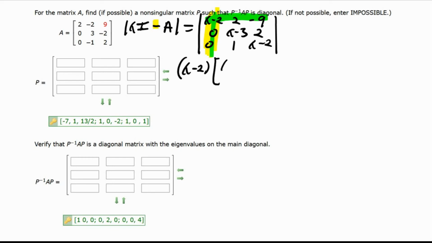So this is lambda minus 3 times lambda minus 2, minus 2. Then we solve, that's equal to 0.